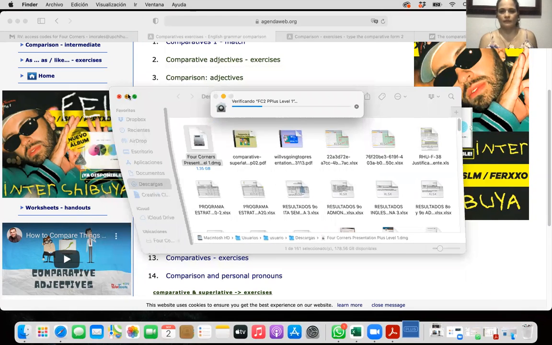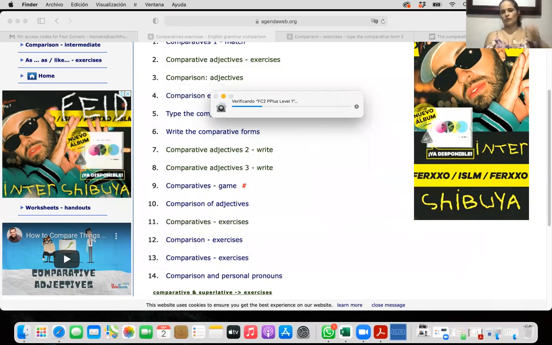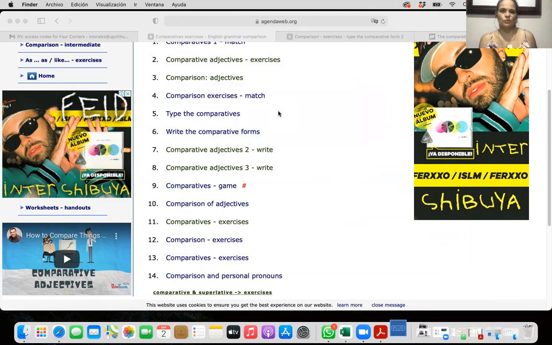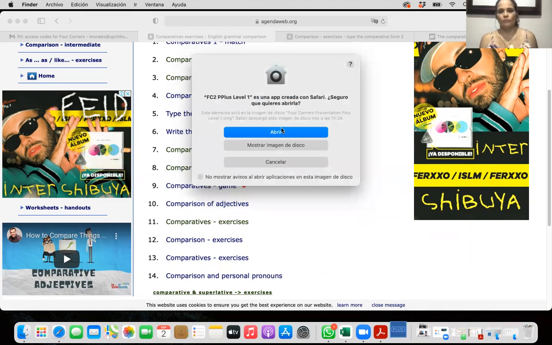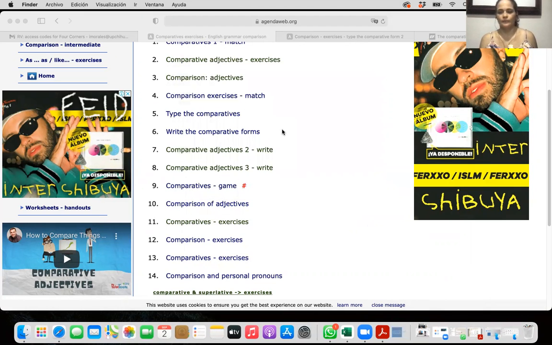Hold on, let's try to open. Unit 11. It's taking a little too long. Oh, there it goes. Thank you. There.